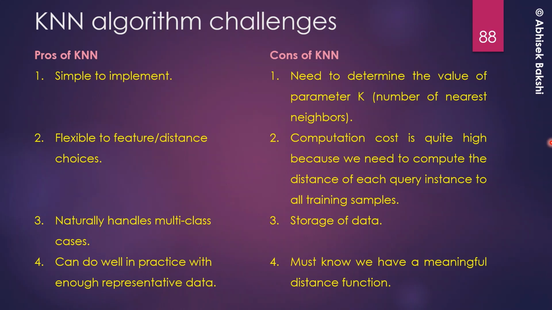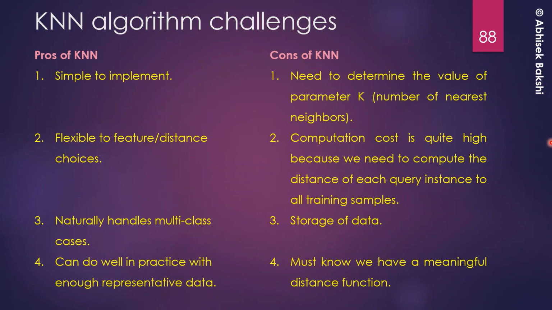So if you have a very large amount of training data, for every iteration, calculating the Euclidean or Manhattan or Minkowski distance is going to take a lot of time, which will slow the algorithm. So that's a very big issue.